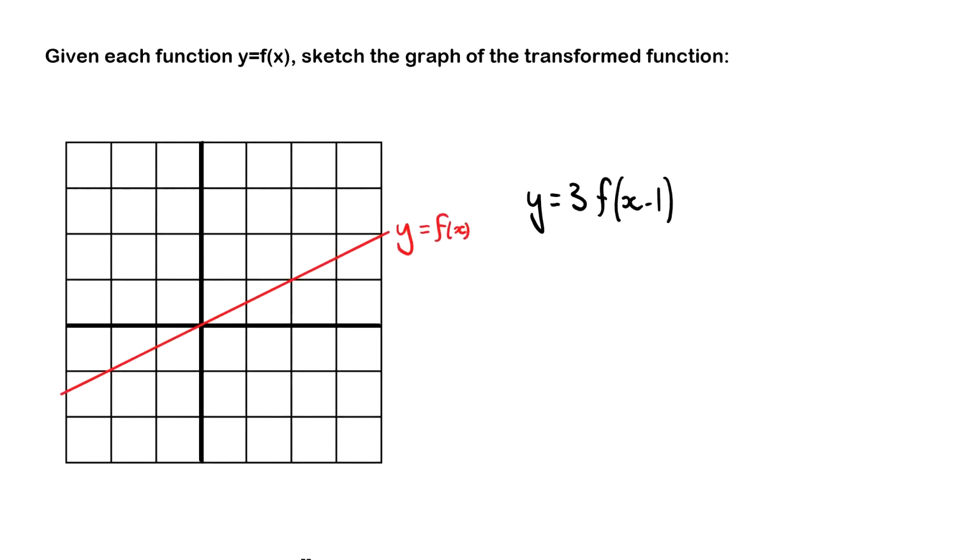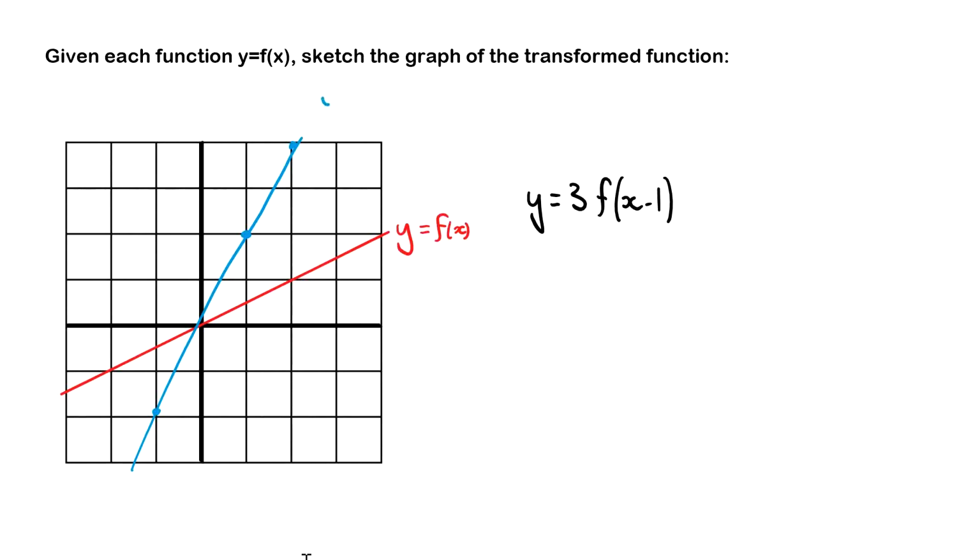Given each function, sketch the graph of the transform. So here we have y equals f(x), and we need to sketch y equals 3f(x minus 1). So to begin, we will start with our 3 out the front, so we have a vertical dilation. So that means each point has been multiplied by 3. And then we could sketch a line going through it.